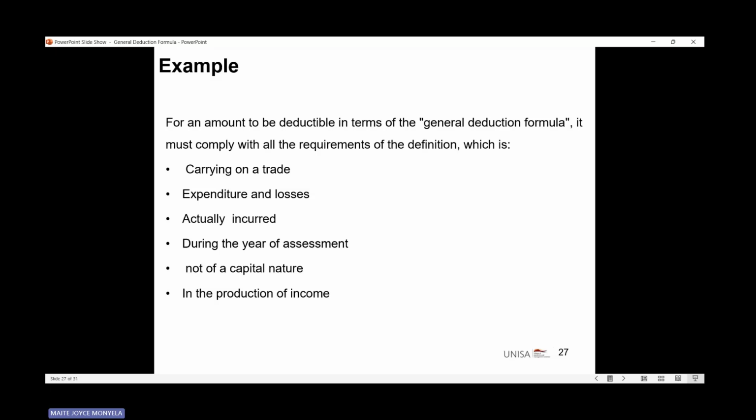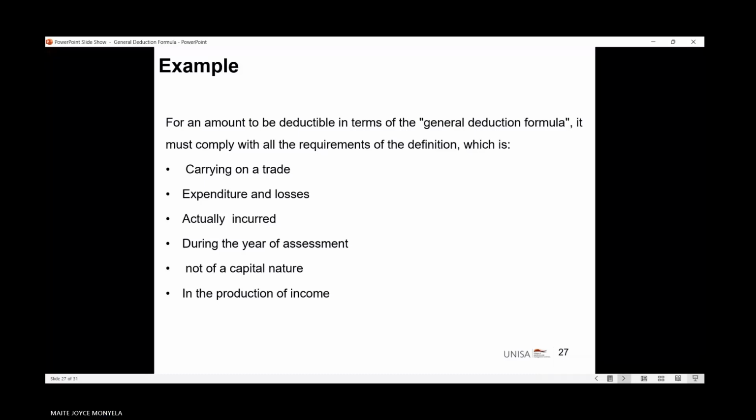The amount must comply with all the requirements of the definition, which is: carrying on a trade, expenditure and losses actually incurred during the year of assessment, not of capital nature, in production of income. So you need to list these requirements in terms of section 11A.